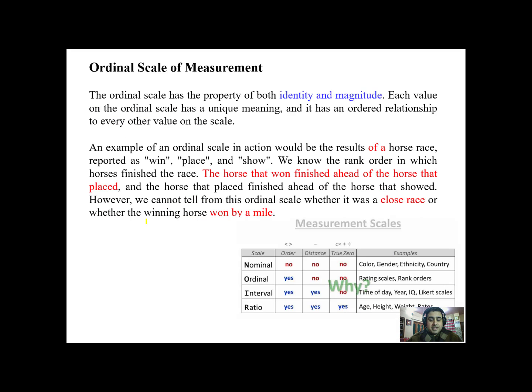Now, coming towards the ordinal scale of measurement, this scale has both identity as well as magnitude. All of you must have watched a derby race wherein horses race against each other. Now, if there is a white horse, a brown horse, and a black horse, and the brown horse wins the race and the white horse comes second, we can say the brown horse came first and the white horse came second.